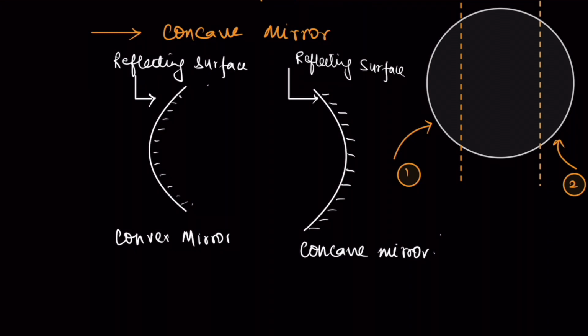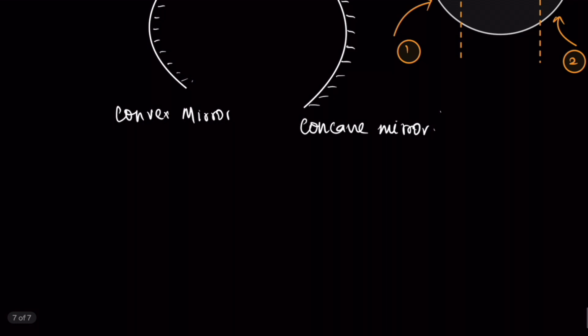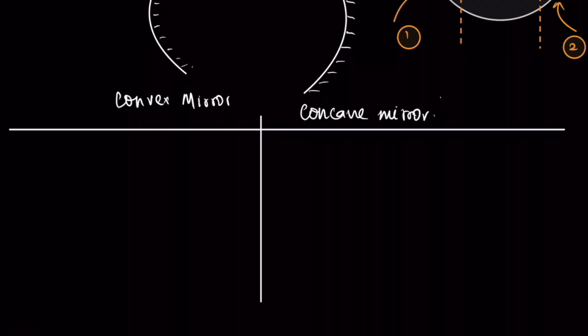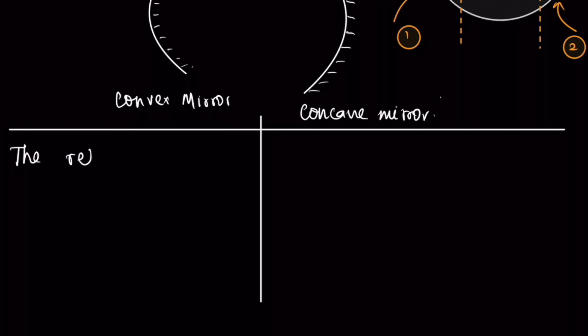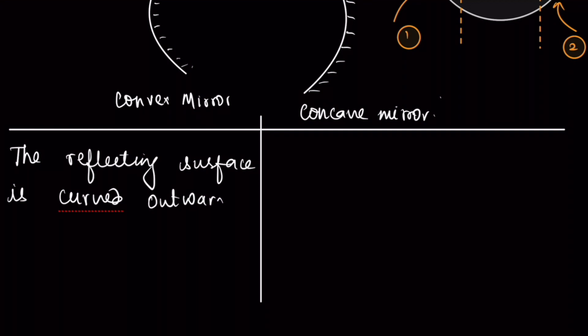So let's try to understand more about the concave and convex mirror. Let's start with convex mirror. The reflecting surface is curved outwards and it is diverging in nature.